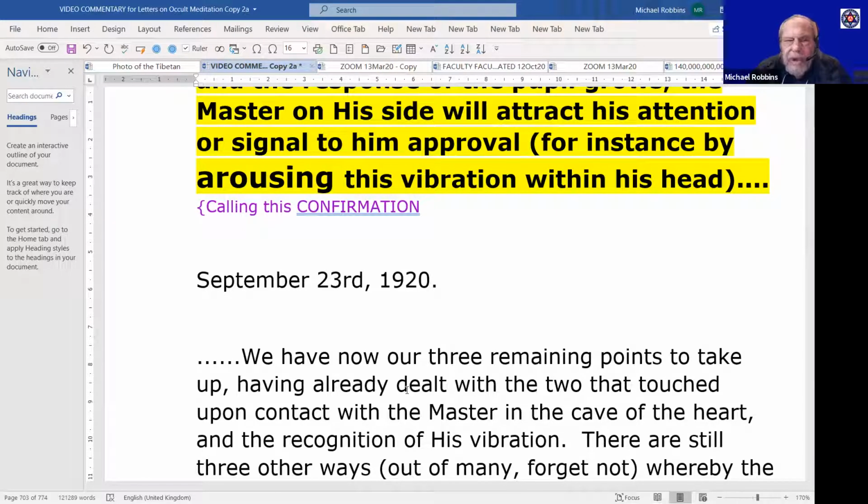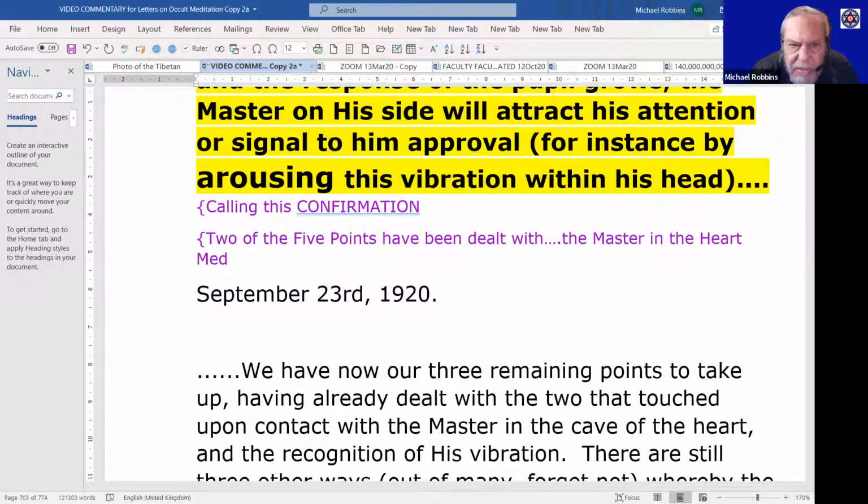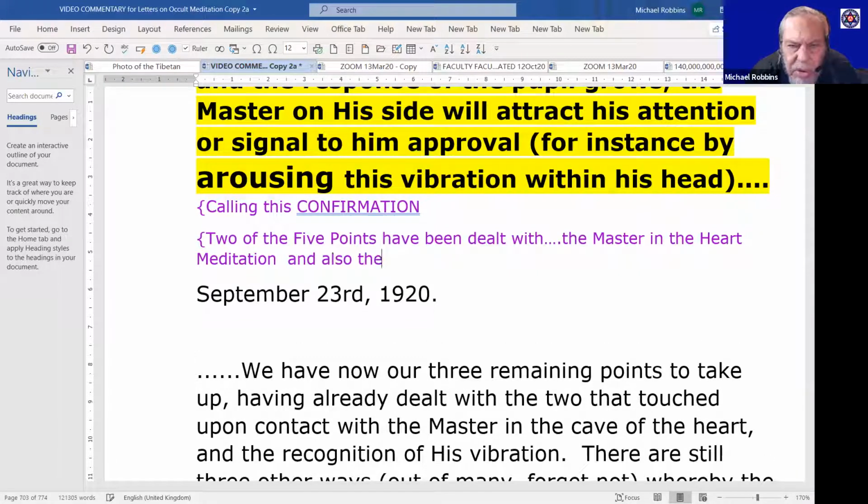Okay. So we've done so far 2 of the 5 points. 2 of the 5 points have been dealt with. The master in the heart meditation, and also the arising of vibration in one of 3 places, usually.